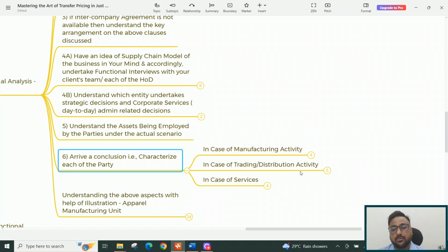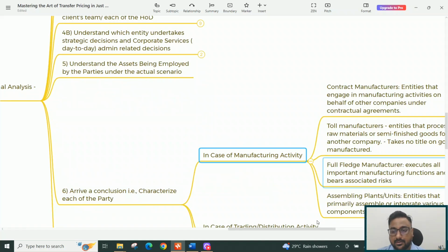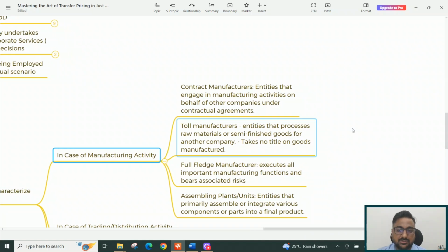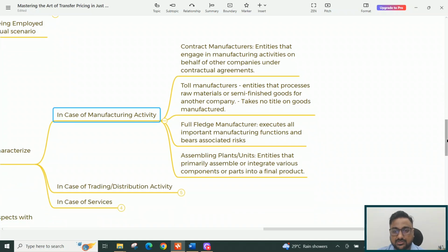Now I'll show you what type of characterization can be placed on the entities engaged in manufacturing activity. The first is contract manufacturers. Contract manufacturers are entities that engage in manufacturing activities on behalf of other companies under a contractual arrangement. That is what the term contract manufacturer means.